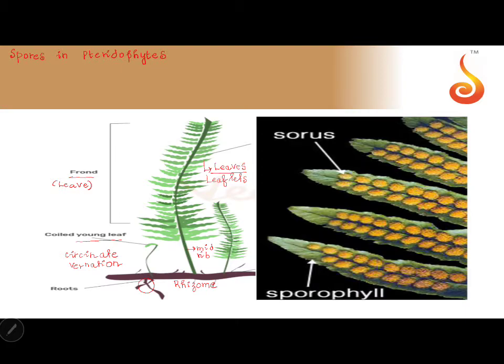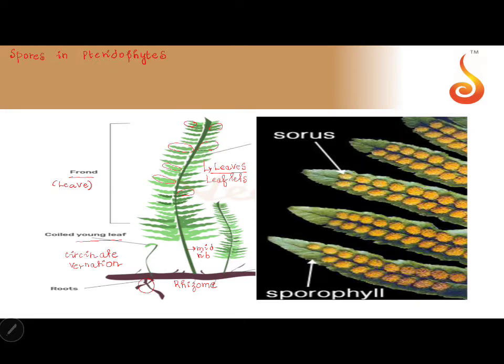No, stem is underground. I have the midrib, what you feel like stem in ferns, and what you feel are leaves in ferns are leaflets. Now when it is time to produce spores, not all the leaves will produce spores. There will be few leaves which will produce the spores.